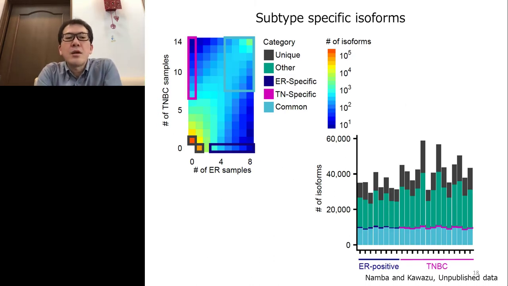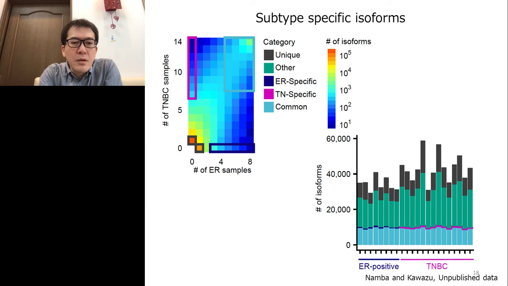Considering this heterogeneity, we classified isoforms into 4 categories. Isoforms detected in more than half of the samples in both subtypes were defined as common, as shown in cyan in the graphs.